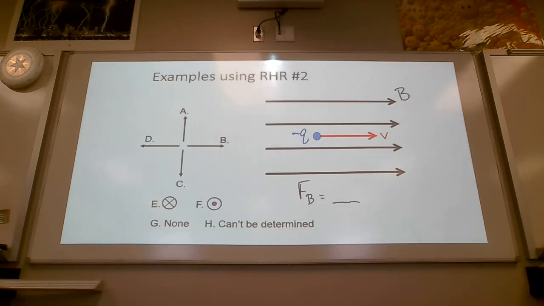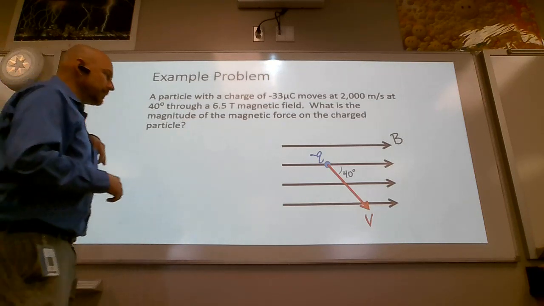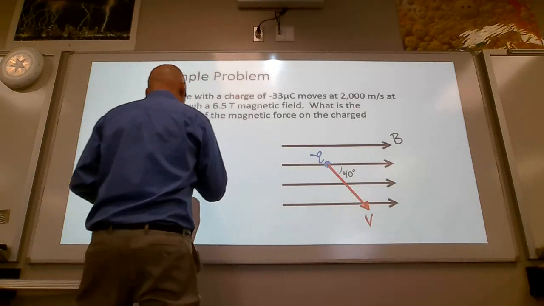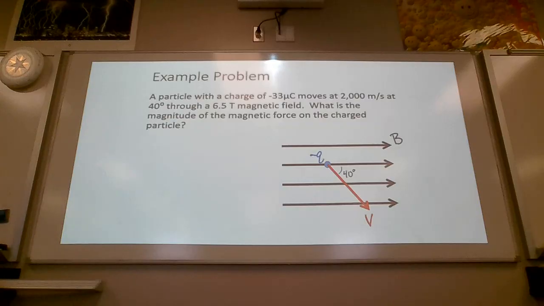There has to be some component that is perpendicular to the magnetic field. Okay. So if you have this, then you need to. So the equation. I should look up what the equation sheet said. The equation sheet had it.